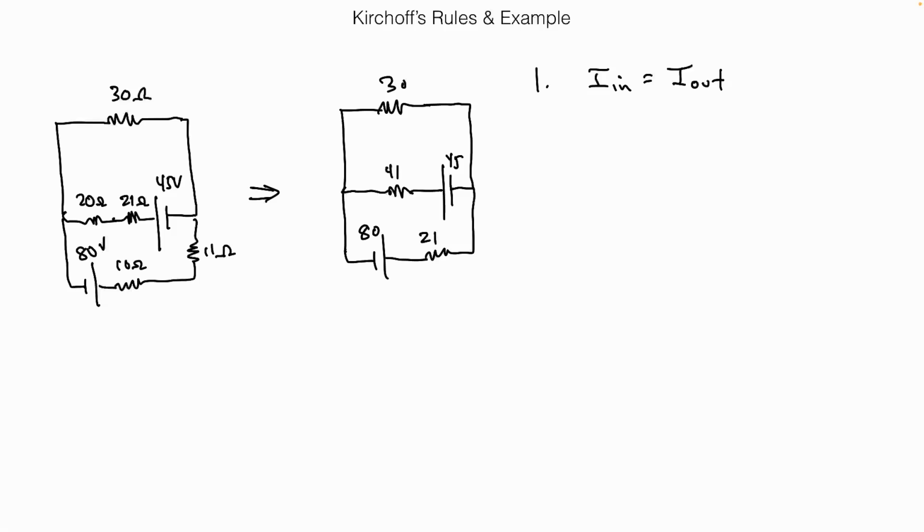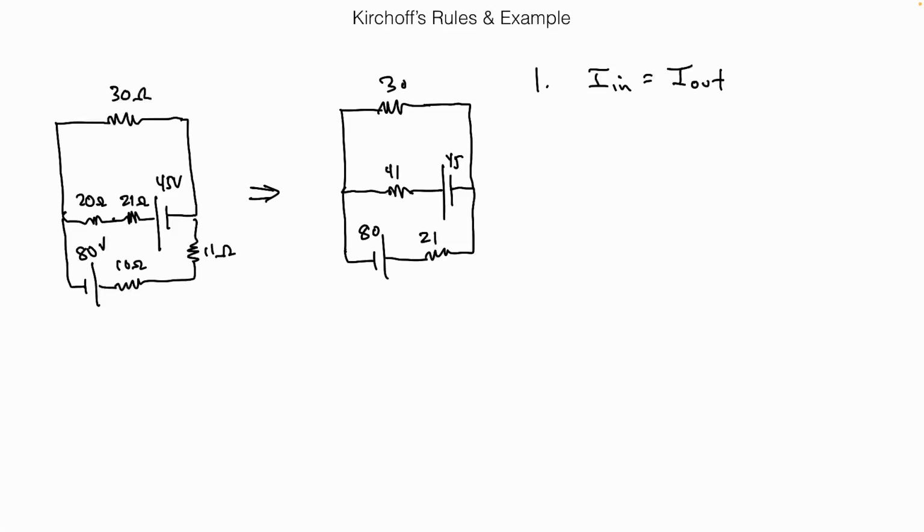In other words, if 10 amps splits up, you can't get 15 amps out of the split, right? If 10 goes in and 7 goes down one wire, what does the other wire have? 3, right? It's not going to have 4, it's not going to have 5, it's not going to have 2.